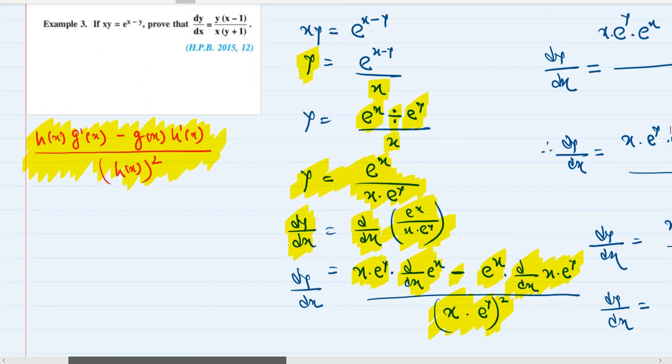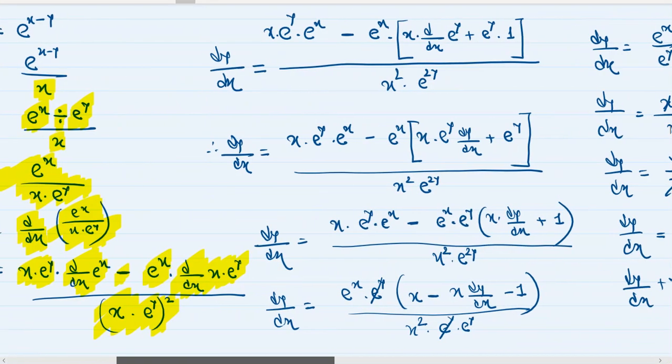After this, please pay attention. After this, I'm going over here. d by dx of e raised to x is e raised to x, so I just kept it e raised to x. So here I got x multiplied by e raised to y into e raised to x minus, here in this term I had to first apply the product rule, d by dx of x multiplied by e raised to y.